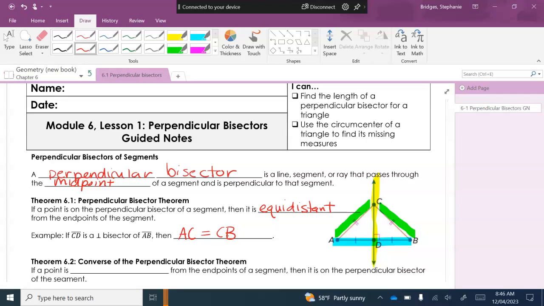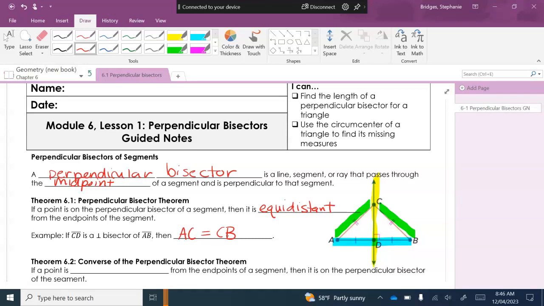And without having drawn the picture, this is kind of what it looks like. Here's my segment AB, and then we're told that CD is a perpendicular bisector. That means those 2 are congruent.